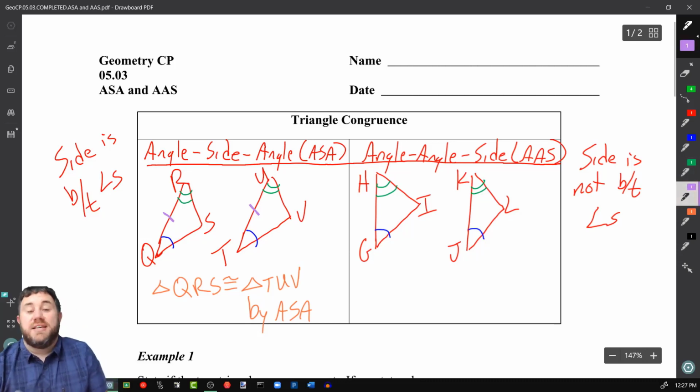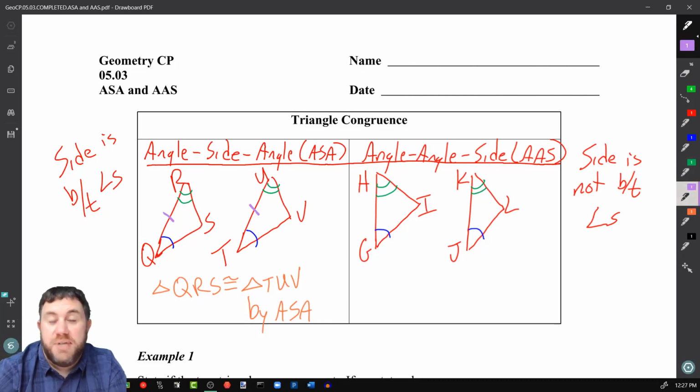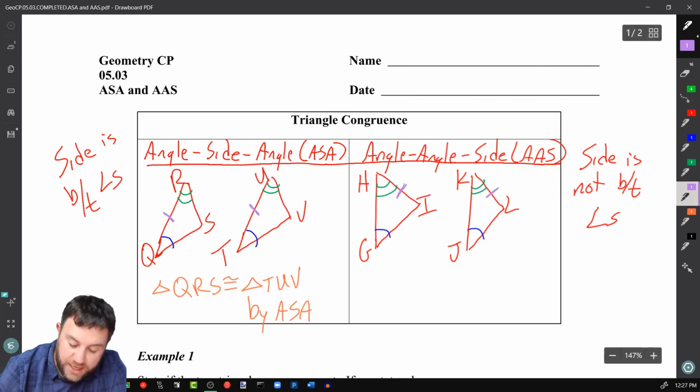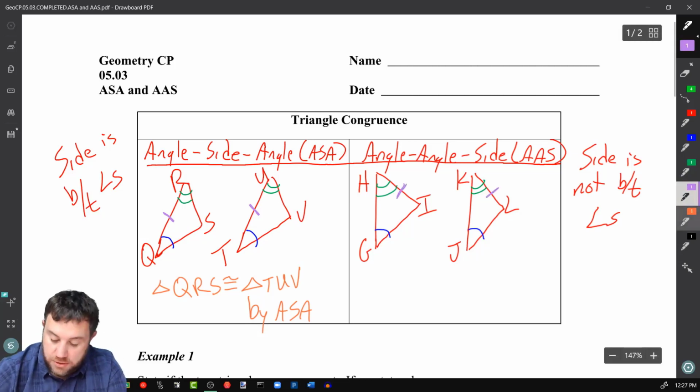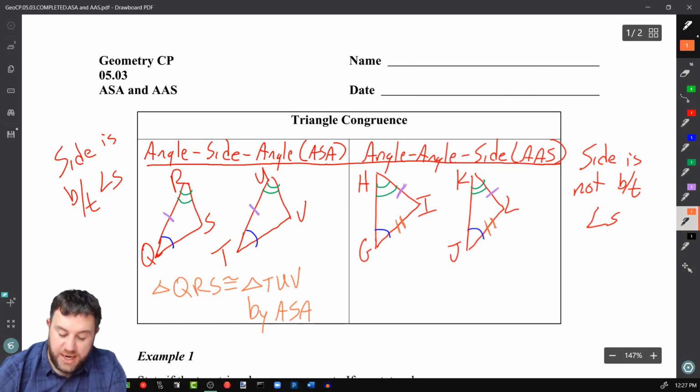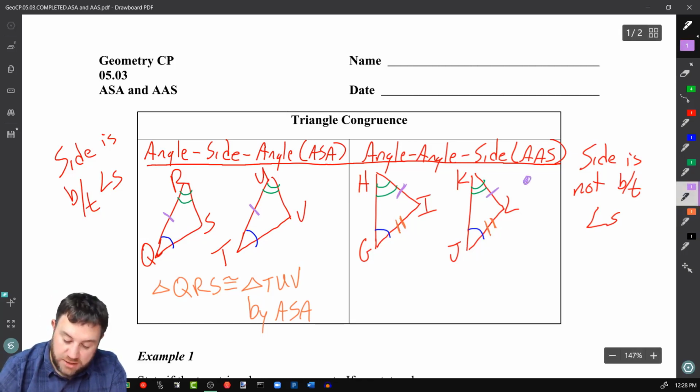Now in this case, there's actually two possibilities that we could have to use AAS. We could have HI and KL are congruent, or we could have GI and JL. We don't need both of them. We could have either of them. So we've got the purple or the orange marks.